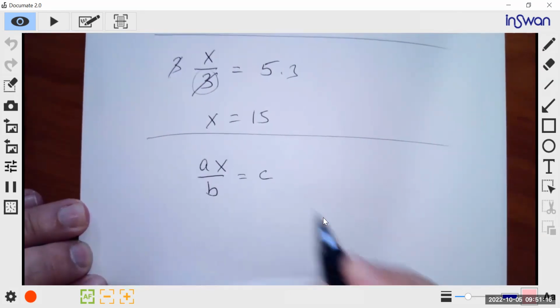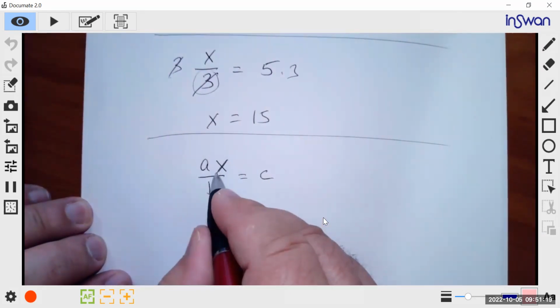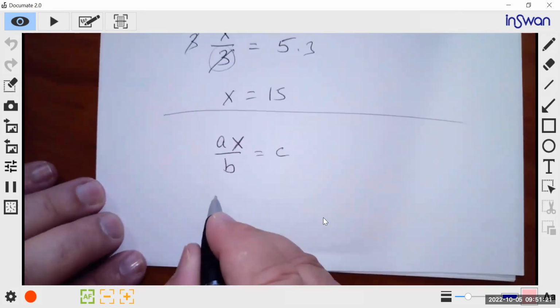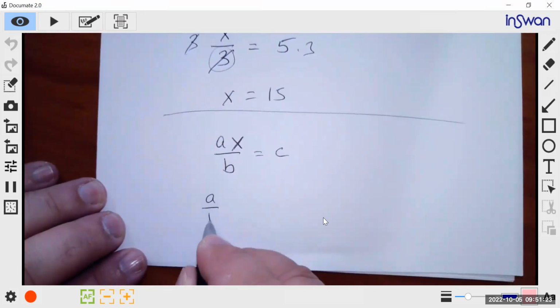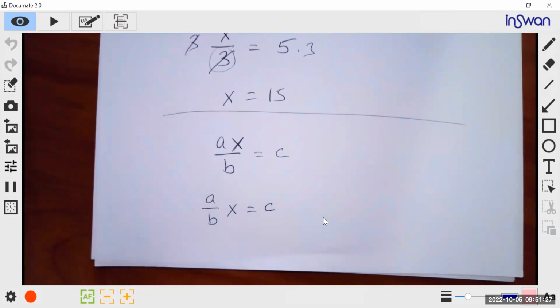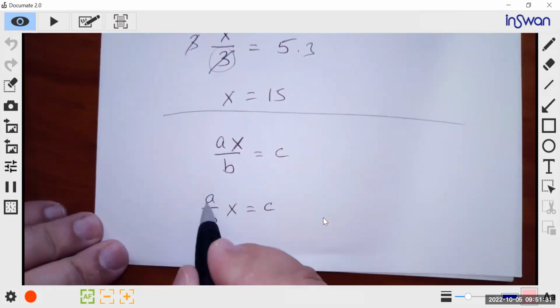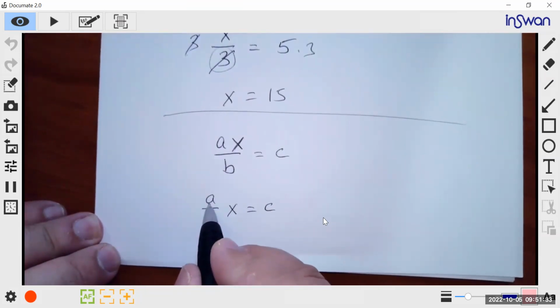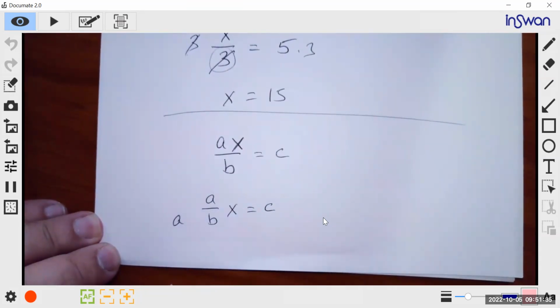Let's say equals C. This number can be written as A over B X equals C. Now, since A is on top, we have to divide to get rid of it.